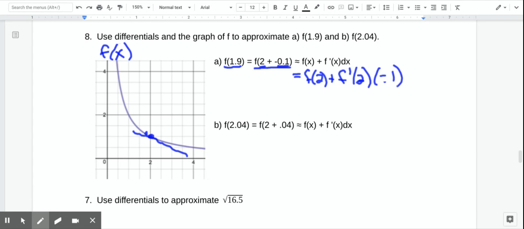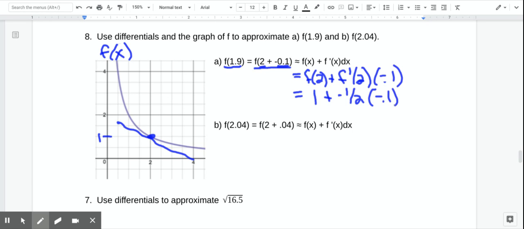Okay, so that's what we're going to plug in. So now we're going to look at this graph, and we can clearly see that f of 2 is 1. And then we need to estimate the slope of that tangent line, and I know I cannot draw a straight line with this tool for anything, but I think that the slope looks like negative 1/2. That's what I'm going to approximate it as.